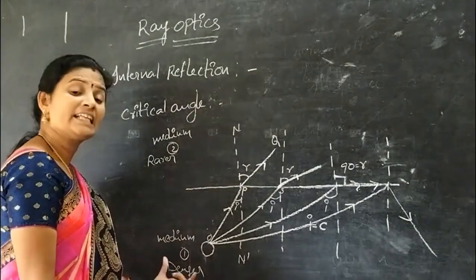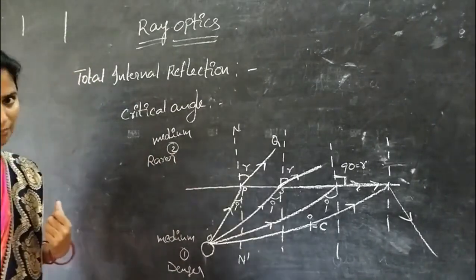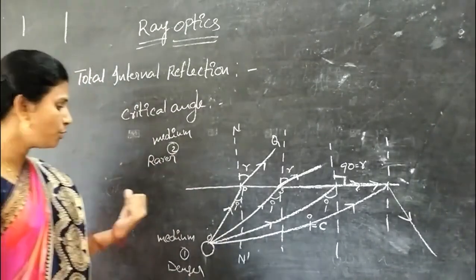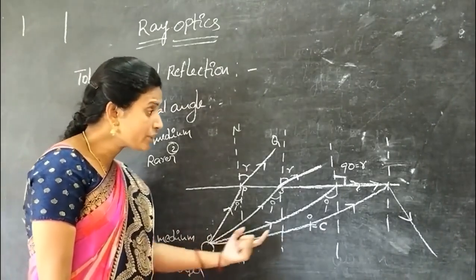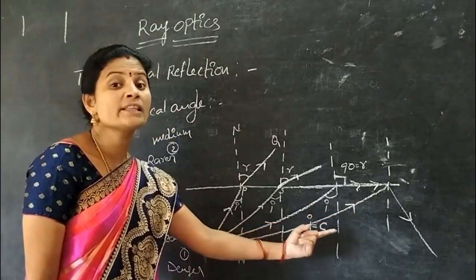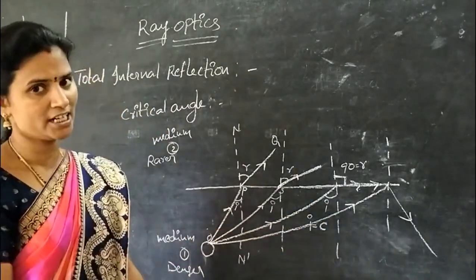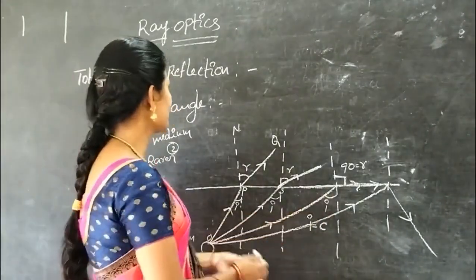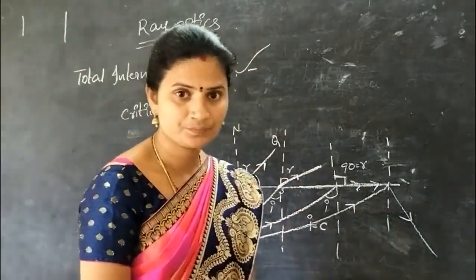So whenever the light ray travels from denser medium to rarer medium, if the angle of incidence is more than the critical angle, it gets internal reflection. So this phenomenon is known as total internal reflection.